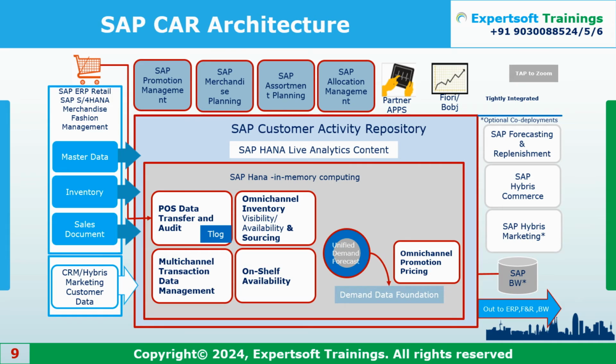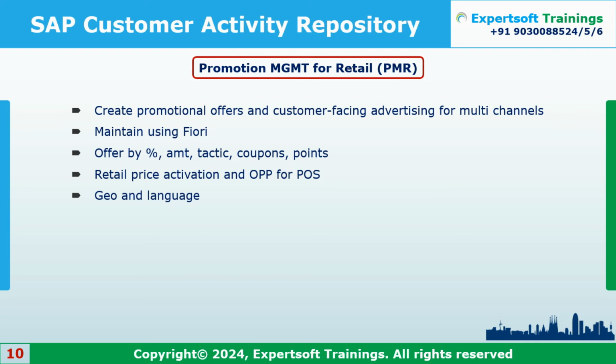A little bit more into promotion management that happens in CAR. If you know promotions in standard SAP, we call them bonus buys. Like you have buy two get one, or buy two get 10%. These are different kinds of promotions. But within PMR, they go at a little higher level.